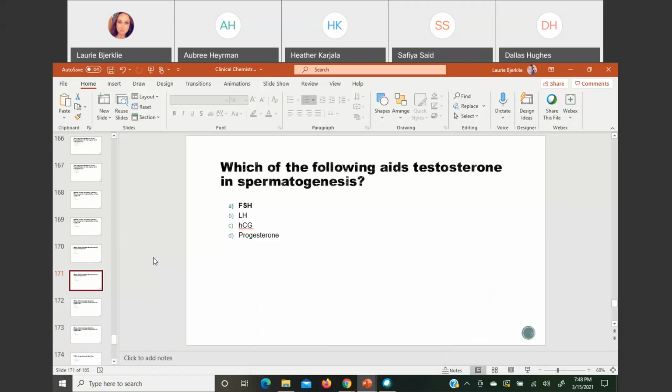In this case, it is your follicle stimulating hormone, FSH. I know FSH does something in women and does something in men. In this case, in men, it helps testosterone create sperm. So whatever you can do to memorize that, it's follicle stimulating hormone that does that role. I don't think I have anything great to help you with that.